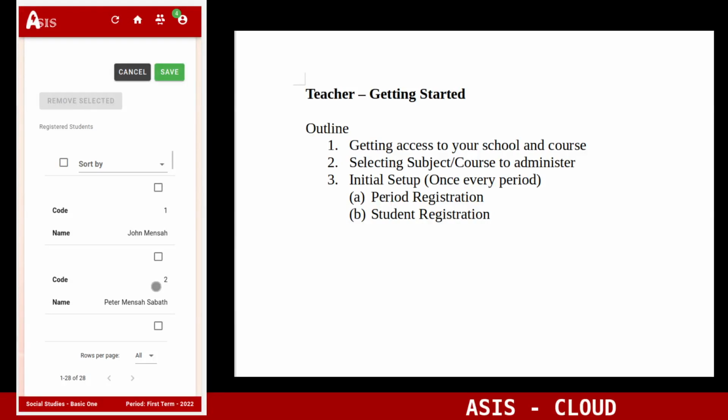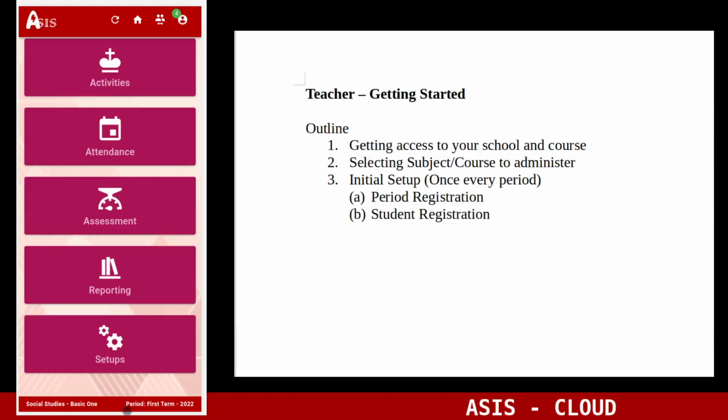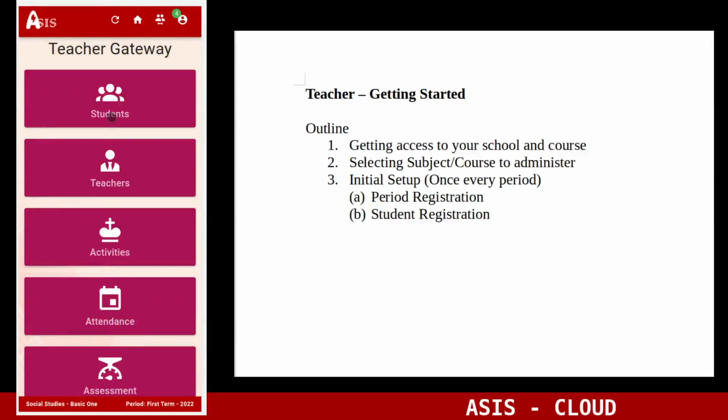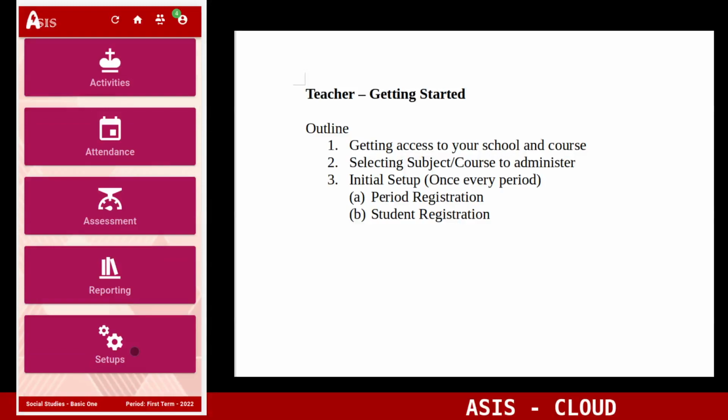This is because we've registered our period, and we've registered our student. So this is something you need to do every time before the other menu items would show. So once that is done, then we can proceed with the rest of the teacher administration.